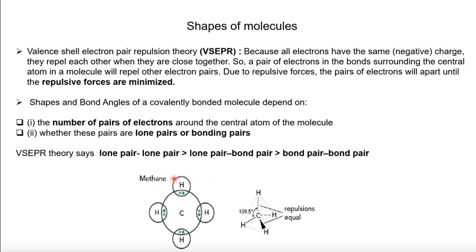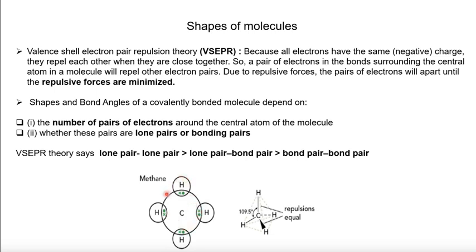In this example, methane, you can see that this is the central atom, carbon, and it is bonded with hydrogen atom, hydrogen atom, hydrogen atom, and hydrogen atom. So we get one pair of electrons here bonded with a hydrogen atom. Similarly this pair, similarly this pair, and similarly this pair.